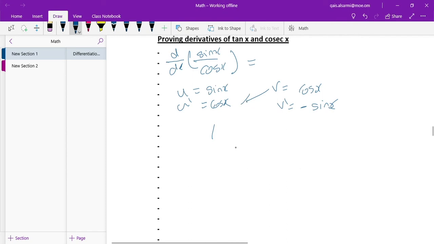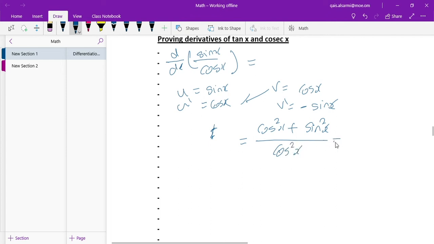The auxiliary diagonal will be cosine by cosine, which is cosine squared x. Sorry for this line, no need for it. And here negative leads to positive, sine squared x over cosine squared x.